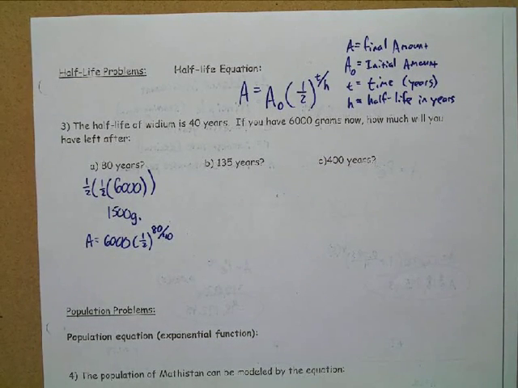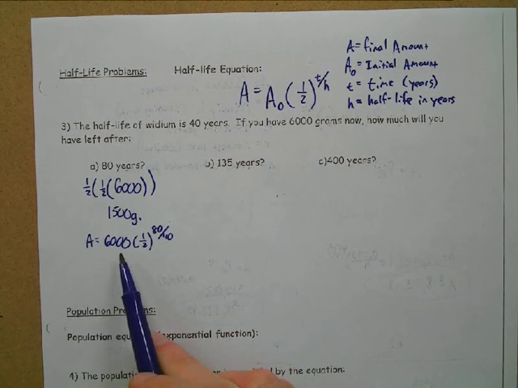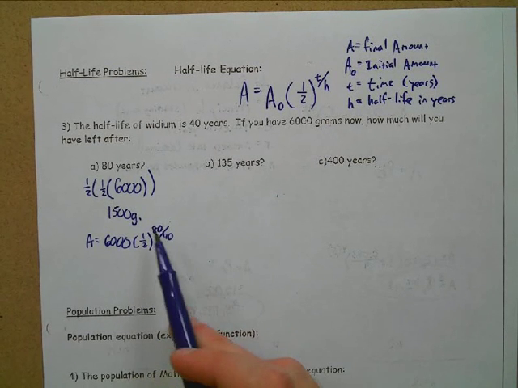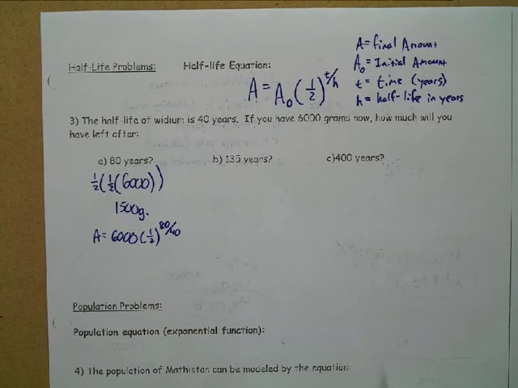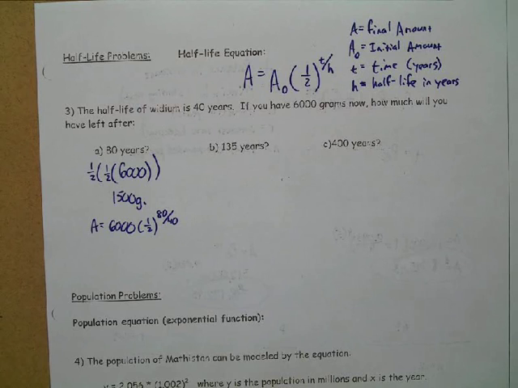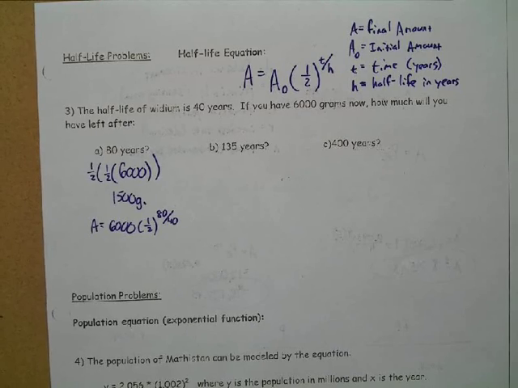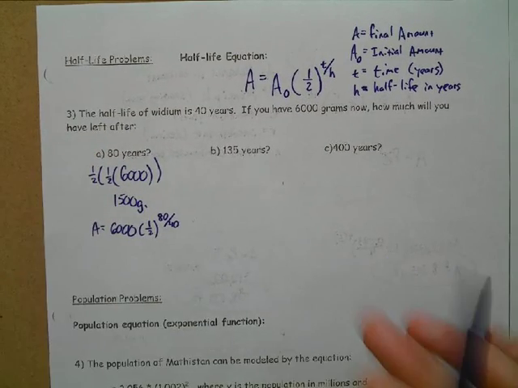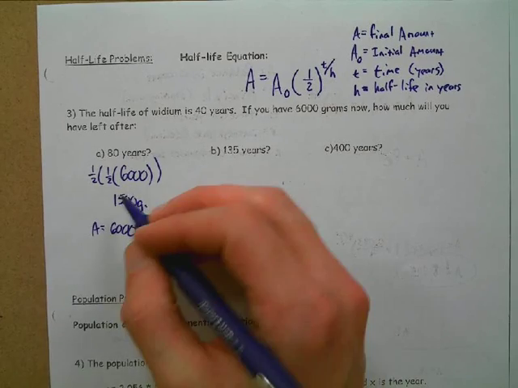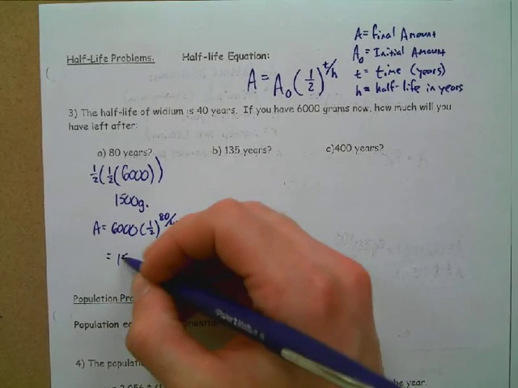So there's our setup: the initial amount, A sub 0, 6,000, times 1/2 to the number of years it's decaying over the constant half-life of 40 years. The 80 over 40 simplifies to 2. 1/2 squared is just 1/2 times 1/2 times 6,000, which is exactly what we had before. So sure enough, it will be 1,500 grams as well.